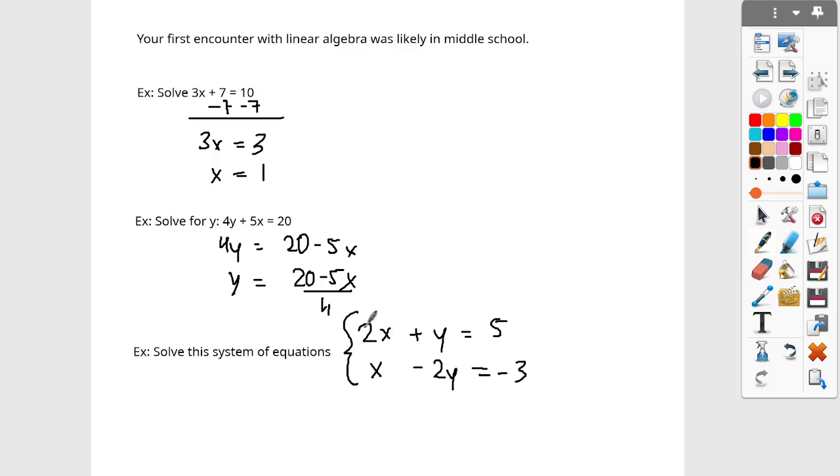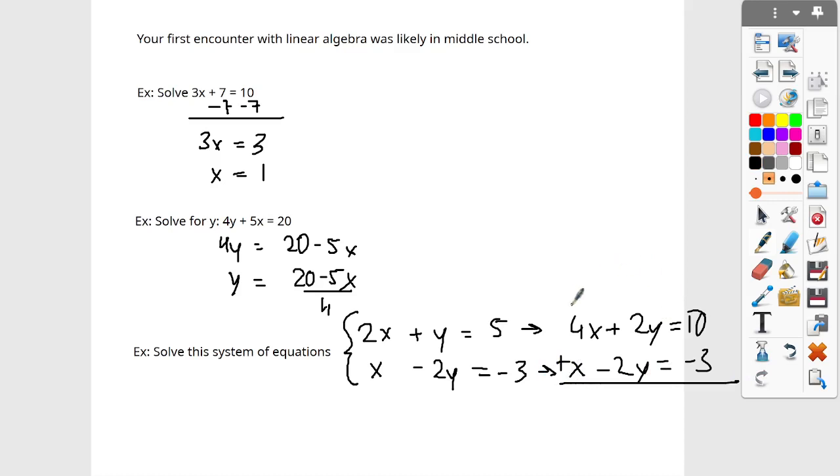Let's double the second equation. Why can we double the second equation? Because if you multiply each side by 2, you'll still get the same results for x and y. So let's say this is 4x plus 2y equals 10. And I'm just going to move this equation again here. Now we can add the two equations. So if we add the two equations, literally just add, why does this work?